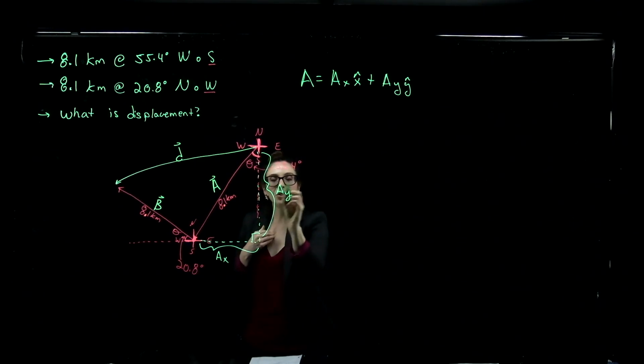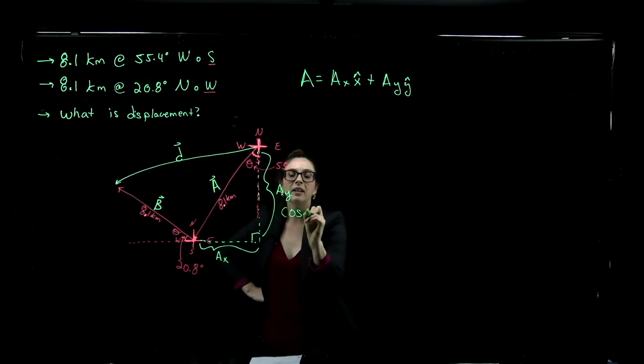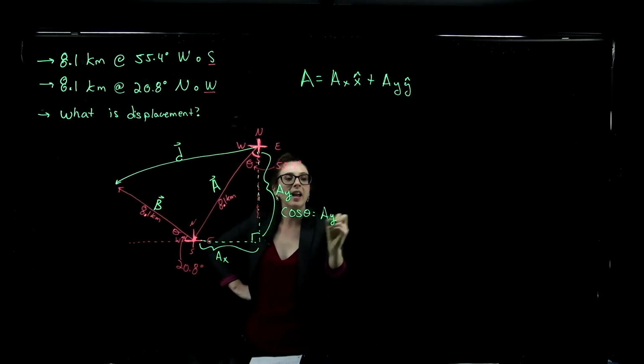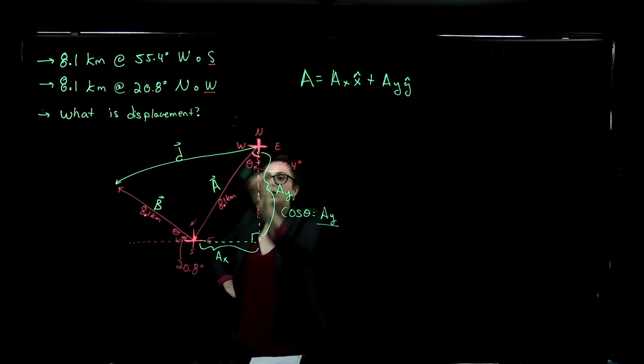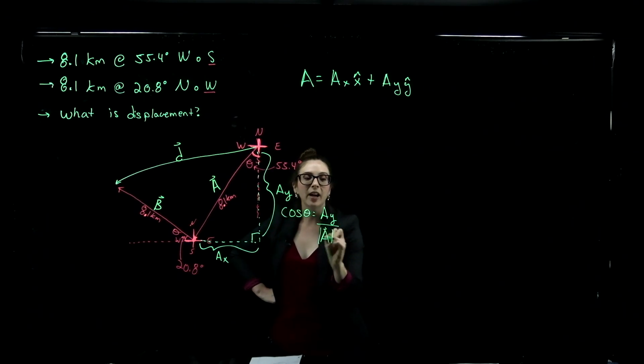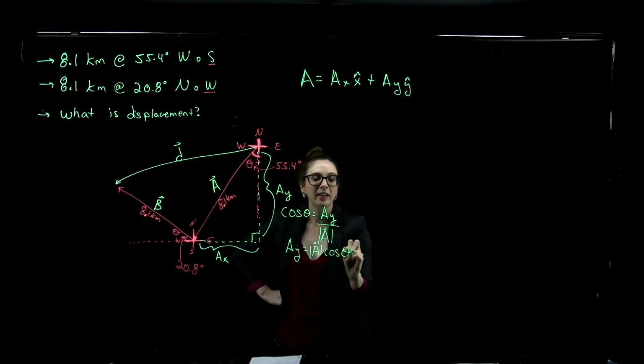So in order to find out what AY would be, we can use cosine. So cosine theta, this is my angle theta, is equal to the adjacent side, which happens to be AY in this case, divided by the hypotenuse of this triangle, which would be the magnitude of vector A. So AY is equal to the magnitude of vector A cosine theta.